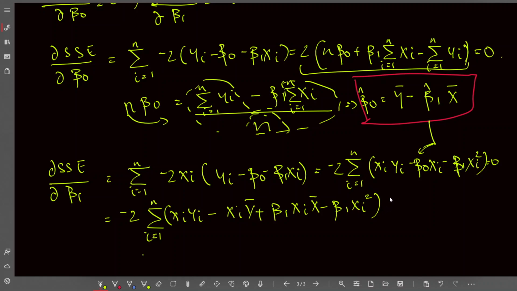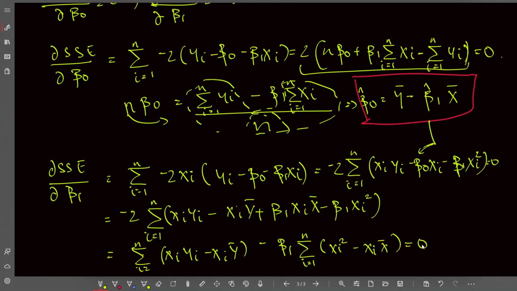Okay, so I'm going to do some moving around. I'm going to move things around a bit. And I'll write this as summation i equals 1 to n of xi yi minus xi y bar, minus beta 1 times summation i equals 1 to n of xi square minus xi x bar.